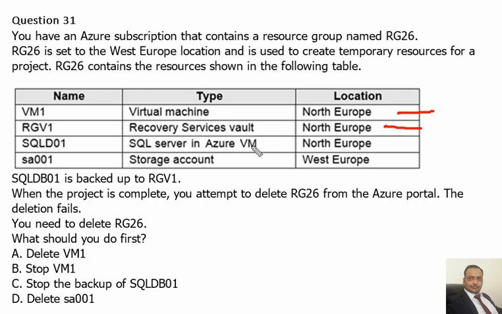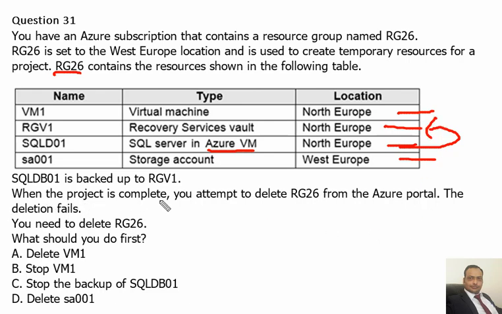SQLD01 is a SQL server running under an Azure VM, so that is also a VM. Storage account SAS001 is in West Europe. So these are part of RG26, and SQL DB01 is backed up in the recovery service vault. Okay, so this is backed up in this recovery service vault.